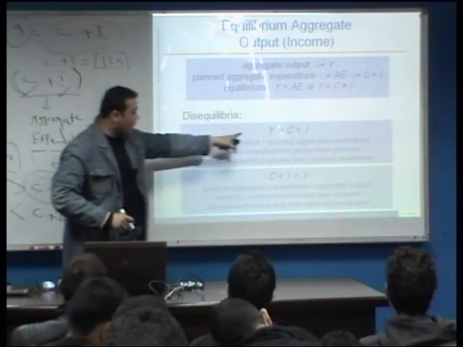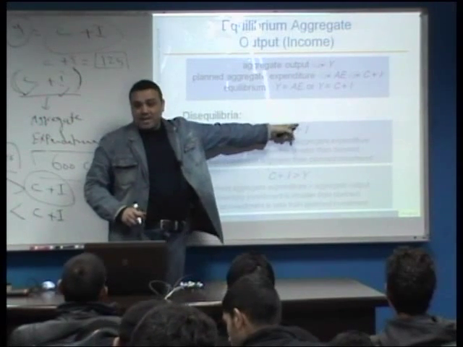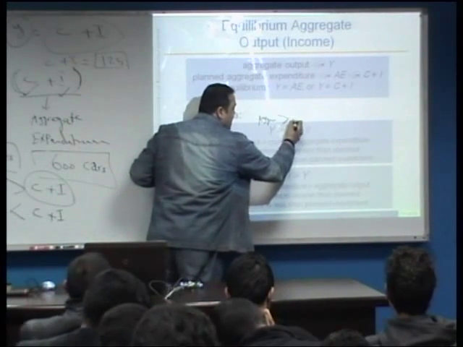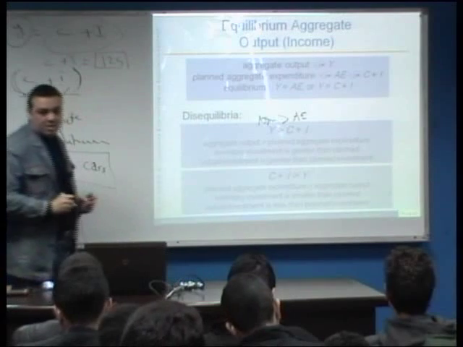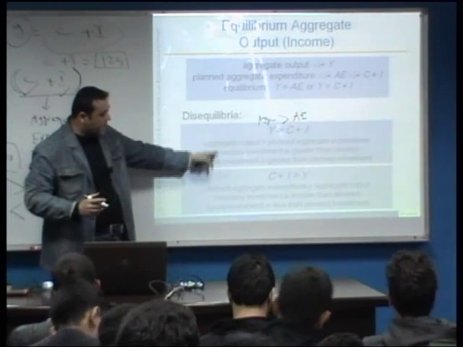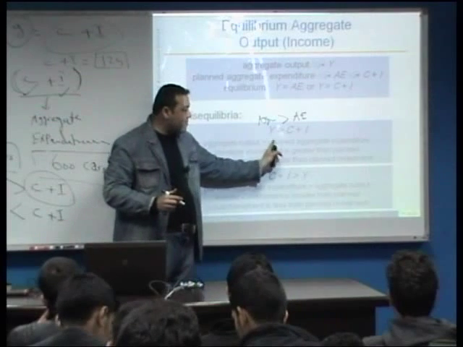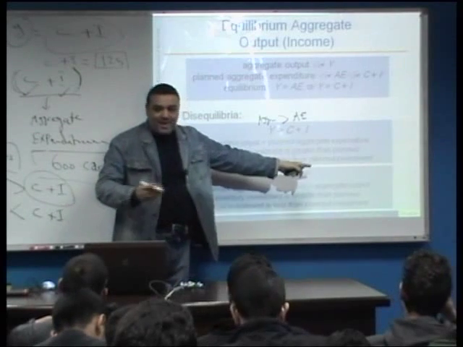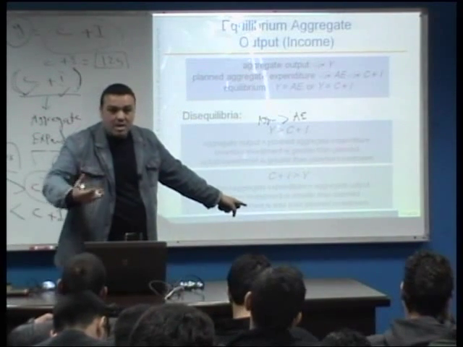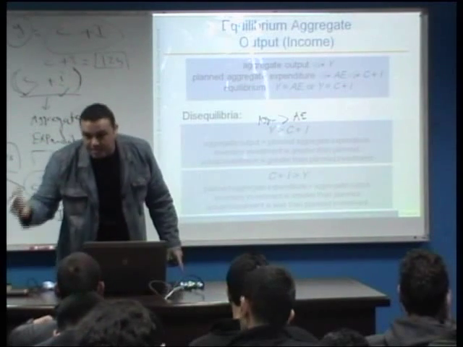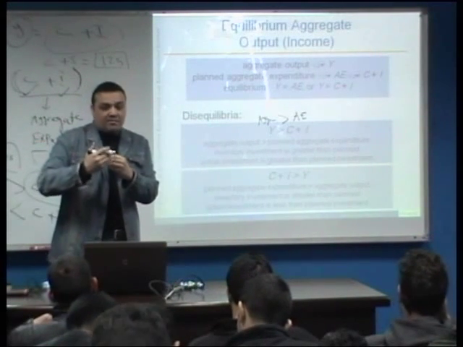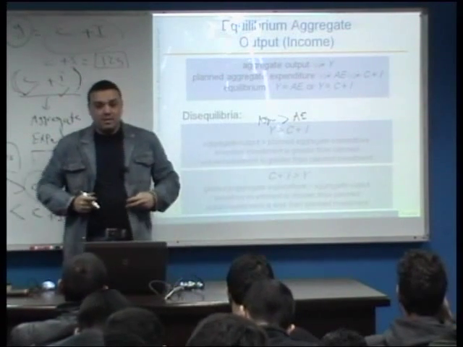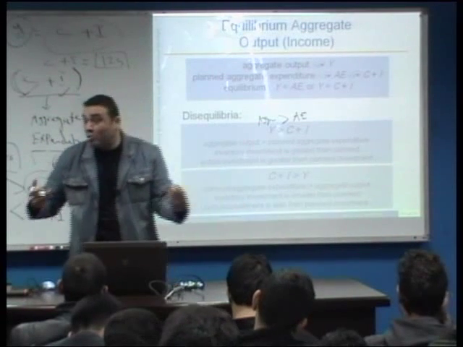But if Y is larger than C plus I, the aggregate output is larger than the planned aggregate expenditure, we have the inventory investment greater than the planned. In this case, we have a positive change in business inventory. So practically the inventory became positive, and the actual investment is greater than the planned. We are actually investing more than we planned.